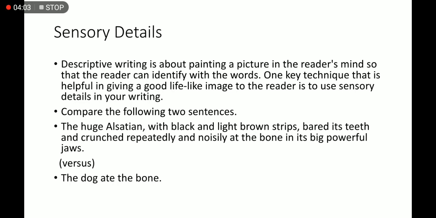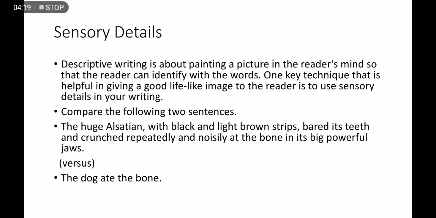So the first sentence is: the huge Alsatian with black and light brown strips bared its teeth and crunched repeatedly and noisily at the bone in its big powerful jaws.